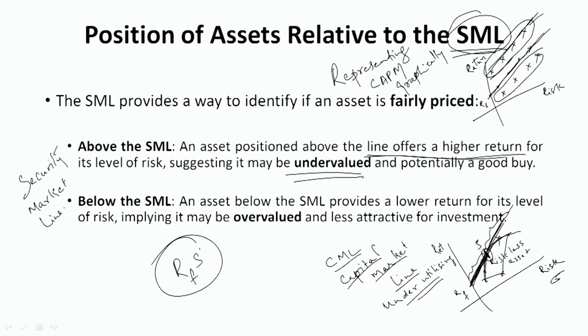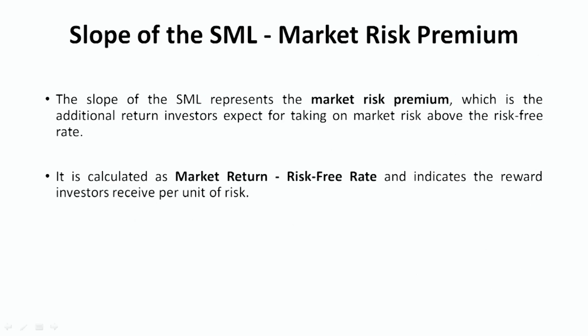So the stock is undervalued, because the actual return is higher than the expected return. If it is the opposite, if the actual return is lower than the expected return, then the stock is overvalued, which I have already discussed in the previous lecture. But this is talked about in a graphical manner, and that is why it is called security market line.